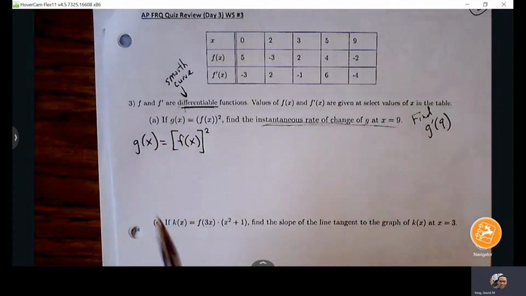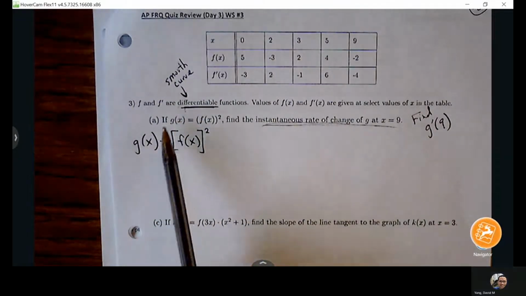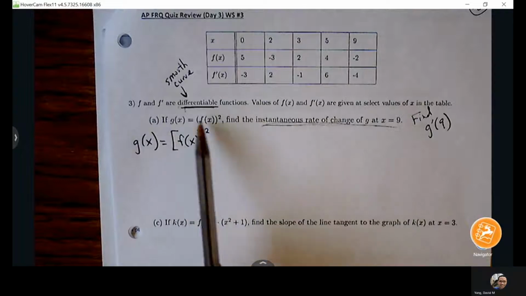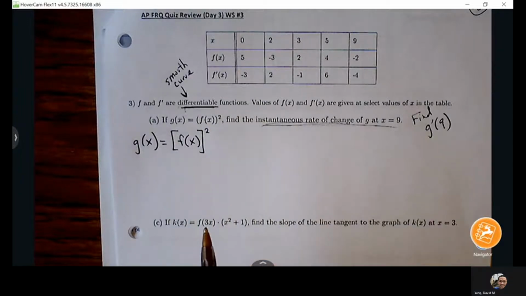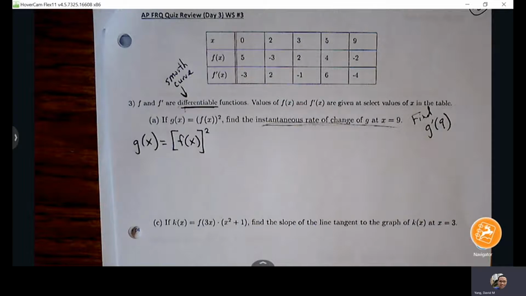Look at how this function is built. If I want to find the derivative, what's involved? Power rule, okay, but something else too. Good, there's a function within a function. There's a bracket, which is its own function, and there's the f of x, which is its own function.